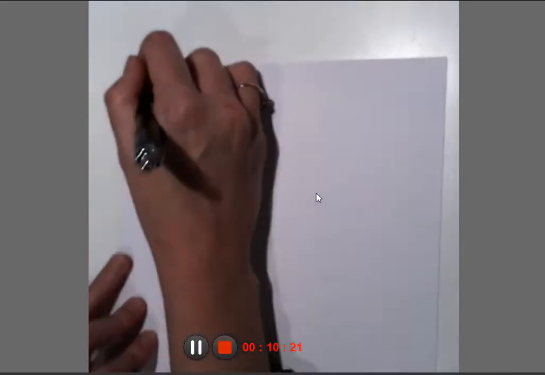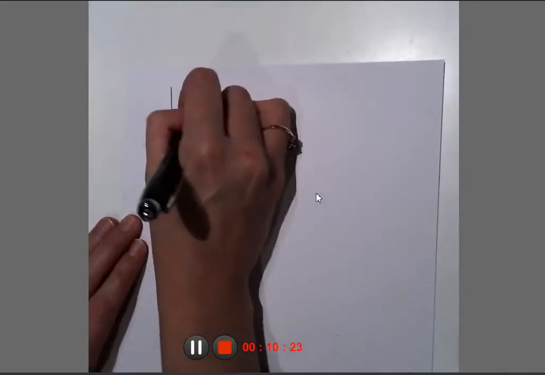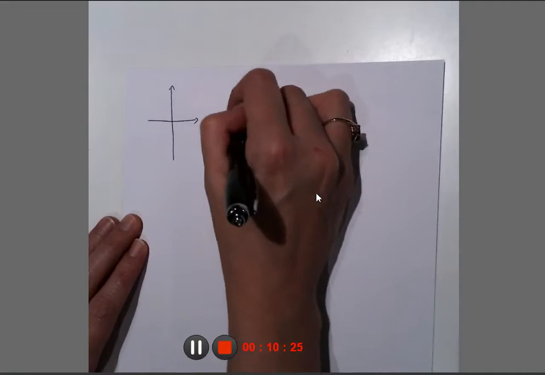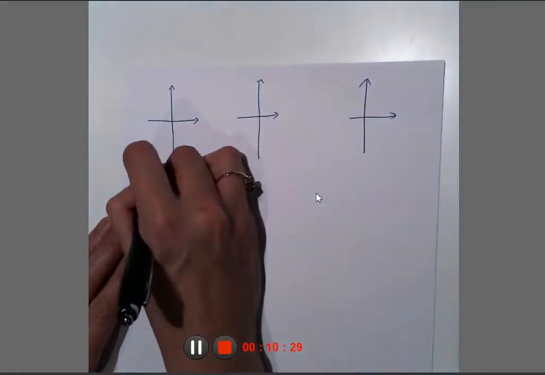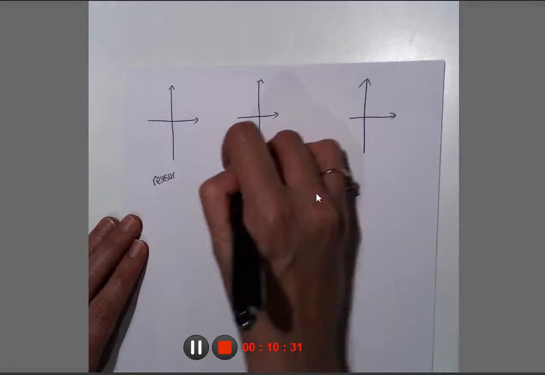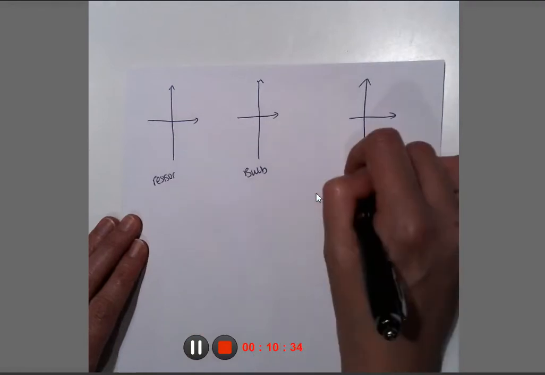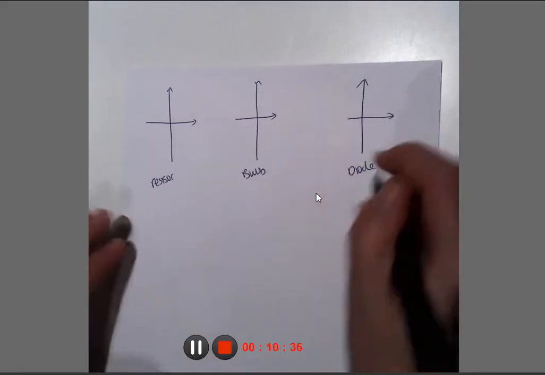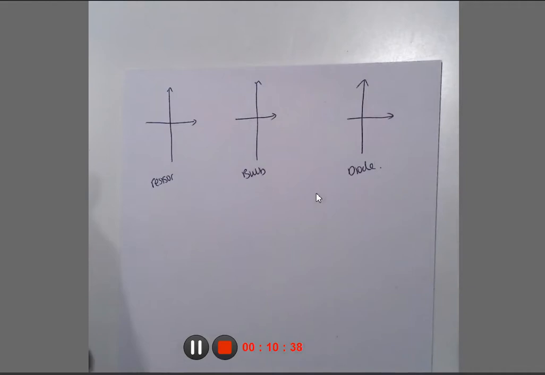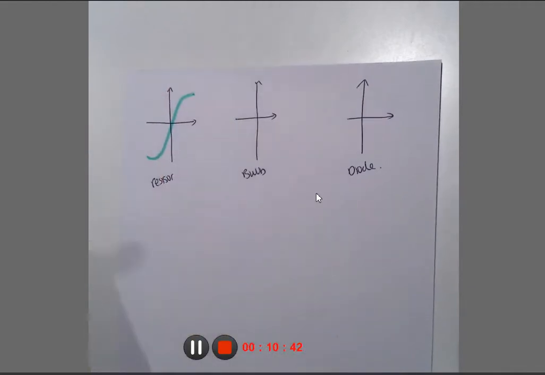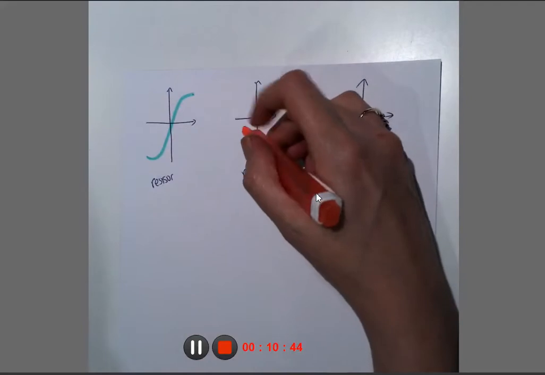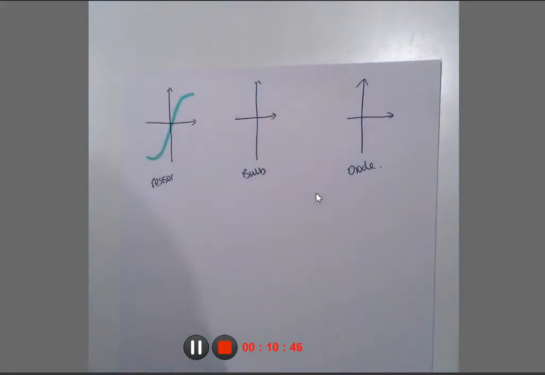Right. Just like to quickly look at these graphs of voltage against current. You need to know these off by heart: a resistor, a bulb and a diode. And we did a required practical on this. So the one for the resistor looks like this. The one for a bulb looks like, oh, I've done it wrong.